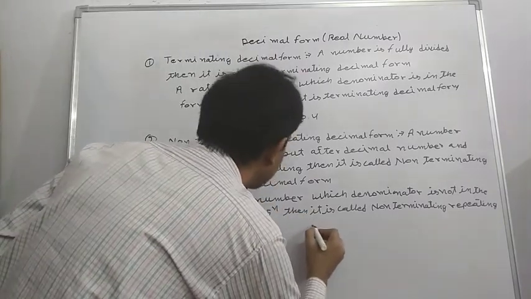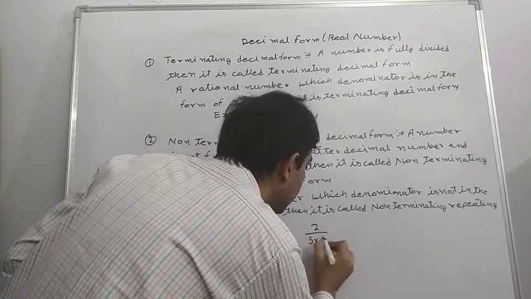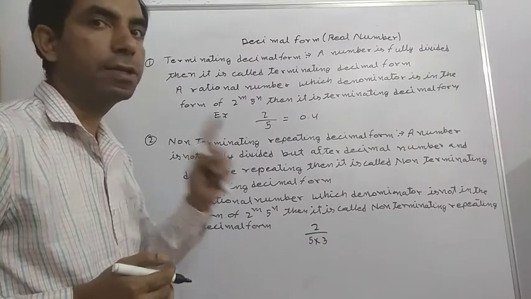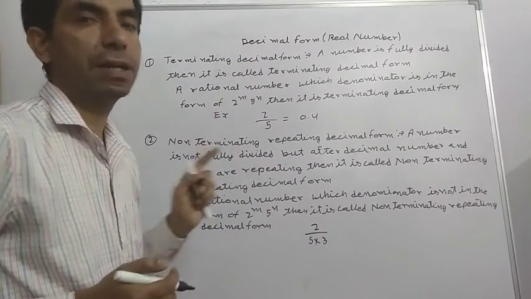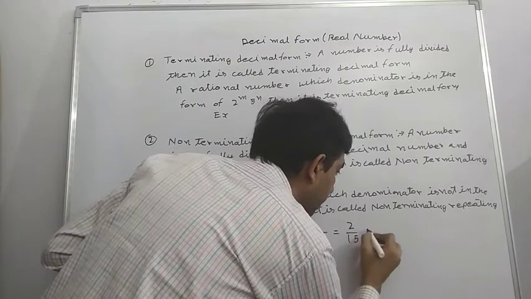Just like here, we see 2 upon 5 multiplied by 3. One factor is 5 and the other factor is 3. Then it is non-terminating repeating decimal form. So check it: 2 upon 15, we divide it.